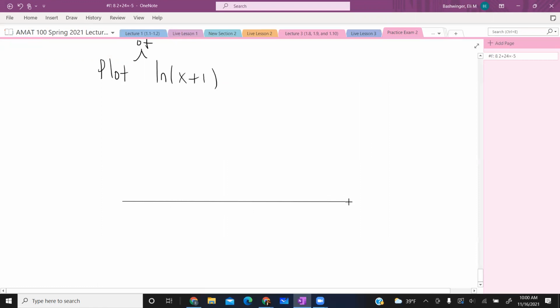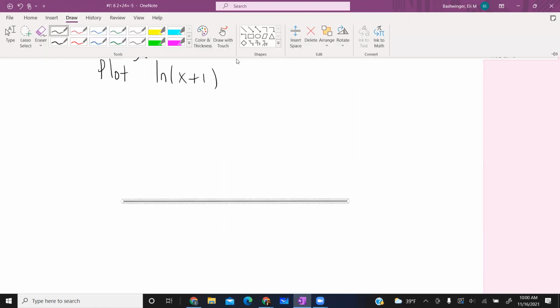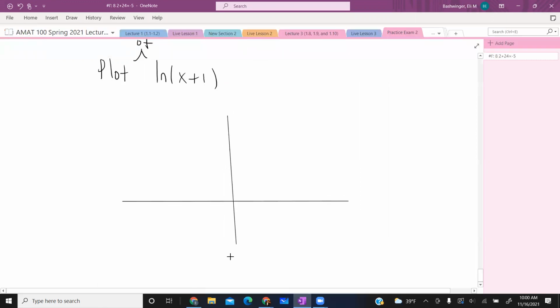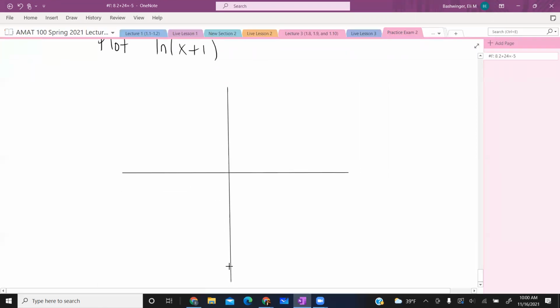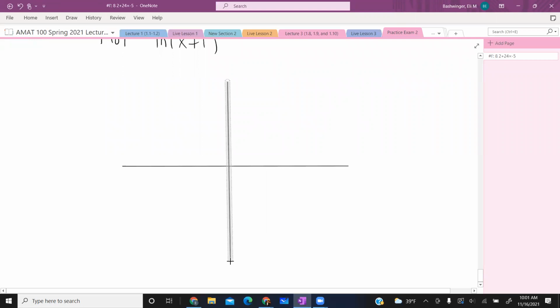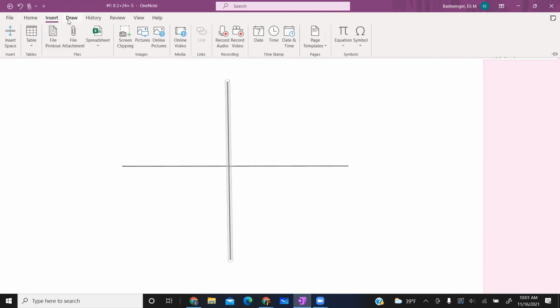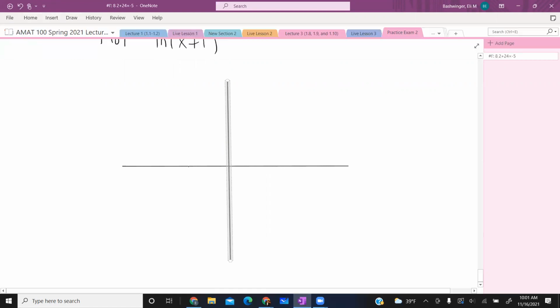So let's plot that. If you shift everything to the left 1 unit, you also have to shift the vertical asymptote. So maybe right here is 1 unit.